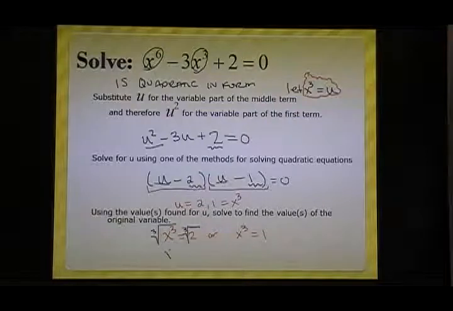So this gives me x equals the cube root of 2. Same thing over here. Solving that equation, we get x equals the cube root of 1, which is 1. So the solutions are the cube root of 2 and 1.